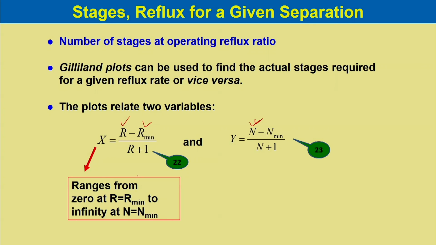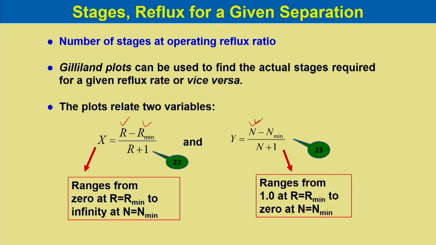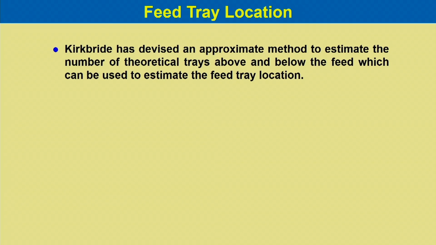So, when R is equal to Rm, then x would be 0, and when N is equal to Nmin, it would be infinity, and in this case y ranges from 1 at R is equal to Rm to 0 at N is equal to Nmin.